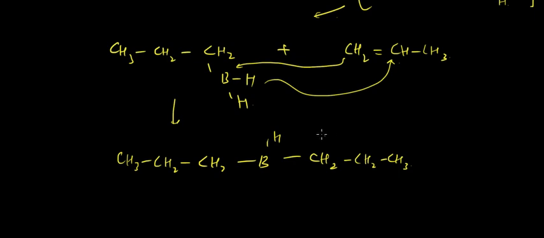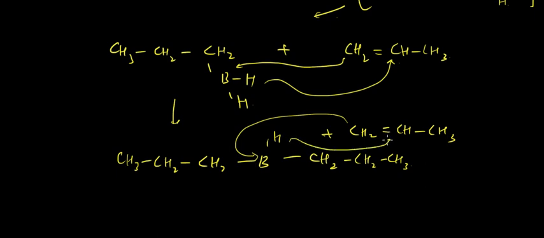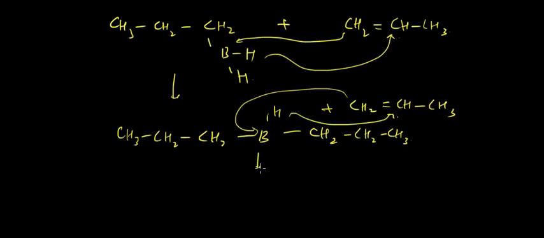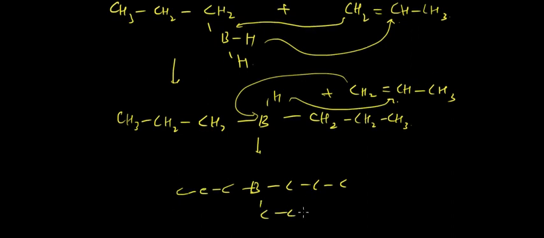Now again one alkene will come and attach on this boron atom, this H being attached to this carbon atom. As a result we'll be getting one group here, one group here and one group here. So three propyl groups attached to the boron atom.